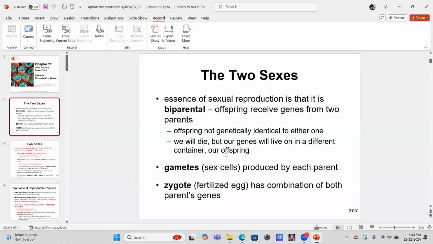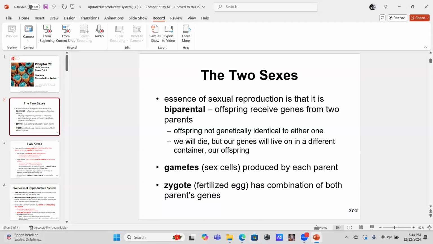Also, keep in mind that if you have an X and a Y, that does not mean you will always look, morphology wise, like a male. There are a lot of other things that contribute to the male versus the female appearance, much less how somebody emotionally feels about their sex. So we're talking about just biological sex right here.